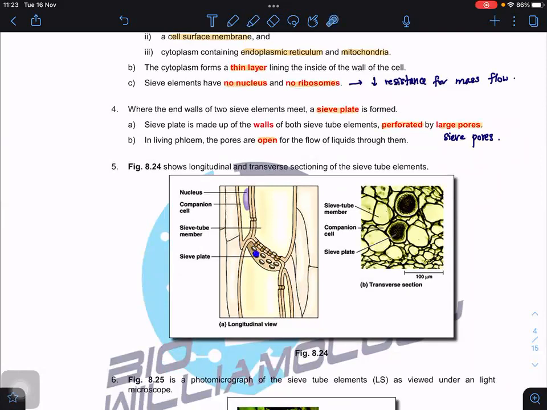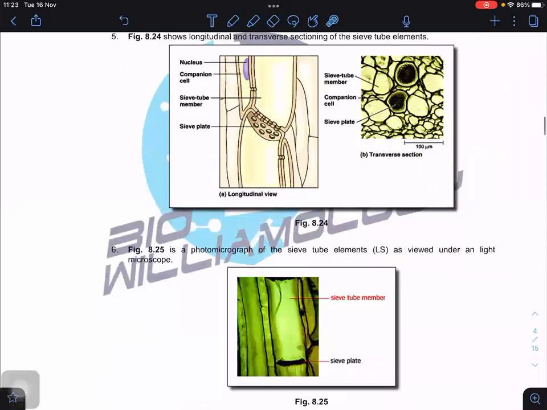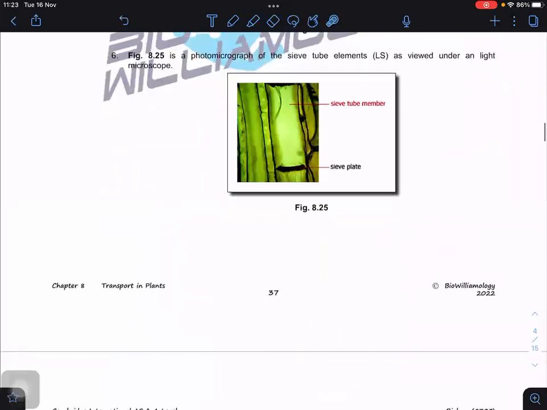These pores allow the assimilates to pass through. This is a longitudinal section; if you have a transverse section, you can see the sieve plate with dots, which are the sieve pores. Again, this is a transverse section with the sieve plate.